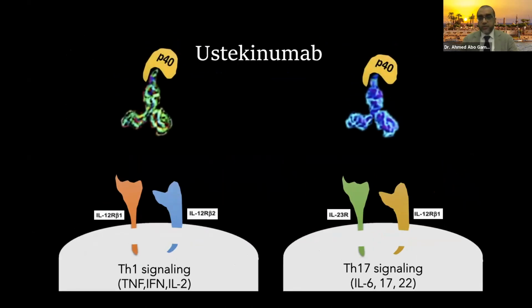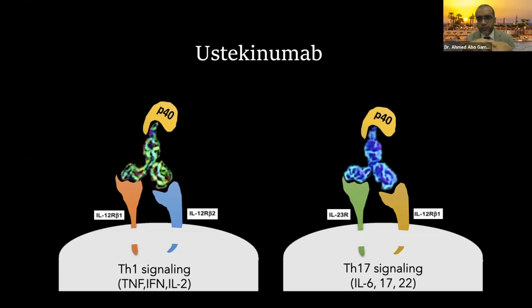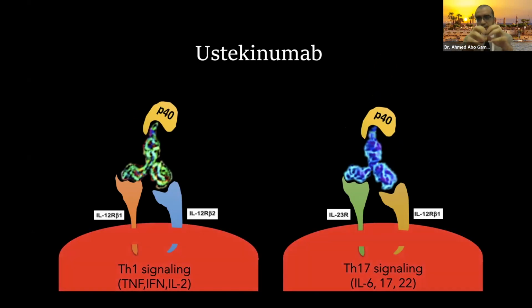In 2013, we had the first non-TNF drug approved for the management of psoriatic arthritis, which is ustekinumab. Ustekinumab is a monoclonal antibody against p40, which is present in two different cytokines, interleukin 12 and interleukin 23. Both act on two different receptors and lead to differentiation of two different types of T cells.